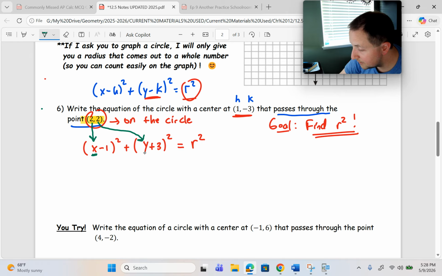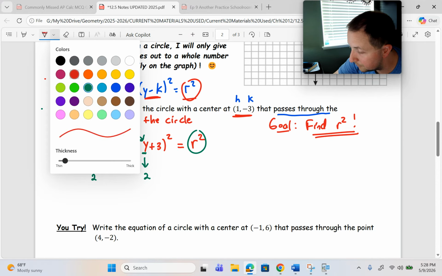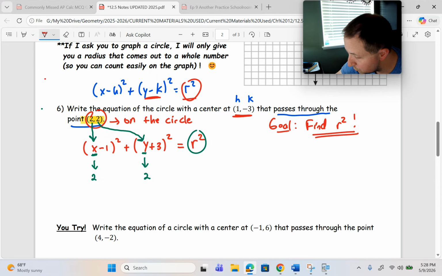When we write the final answer for the equation of the circle, we're not going to have 2 and 2 there, but we have to plug in that point now in order to solve for r squared. So x is 2, y is 2. I'm going to transfer the rest of the stuff down in red again. To get (2 minus 1) squared plus (2 plus 3) squared equals r squared.